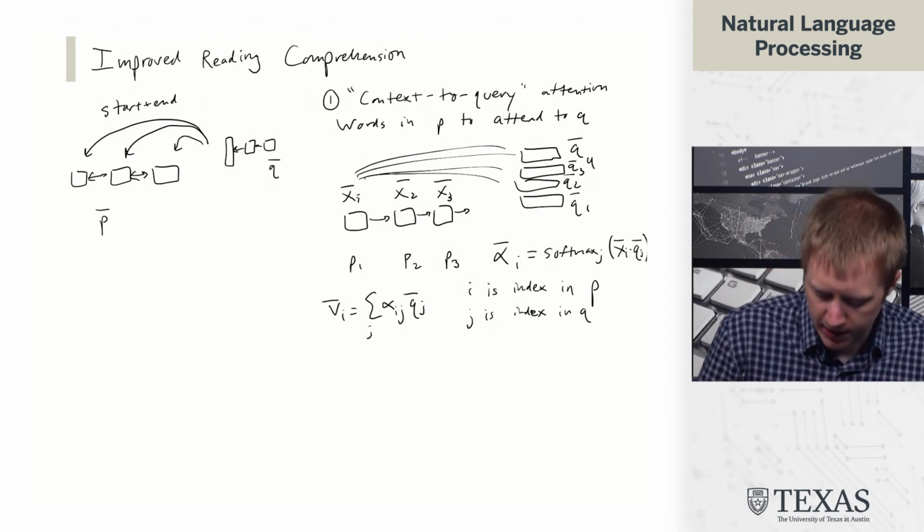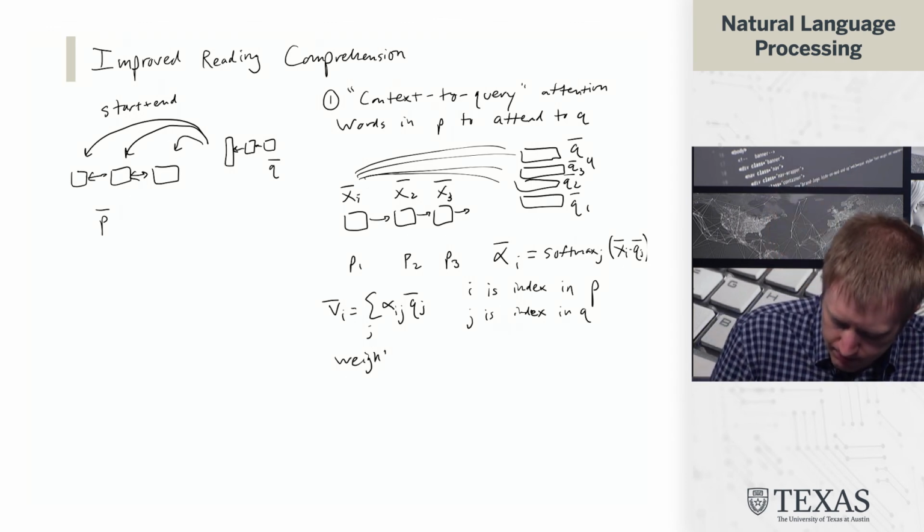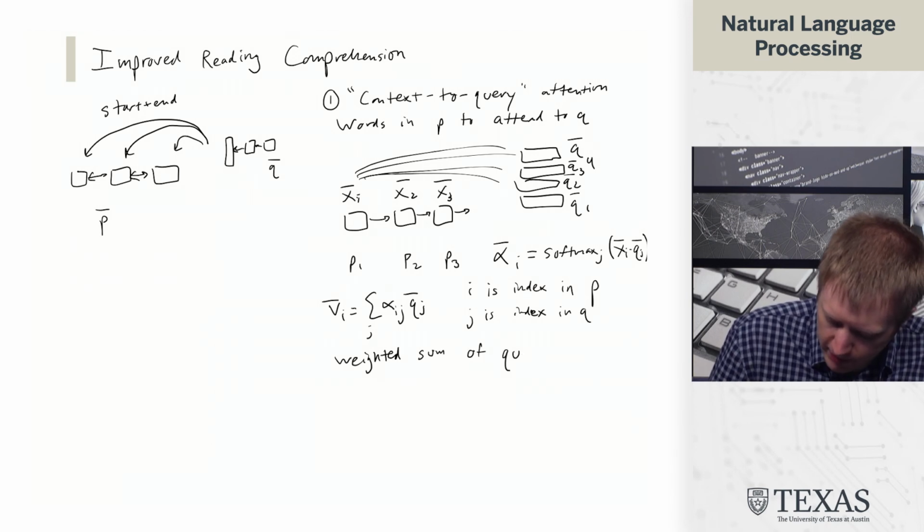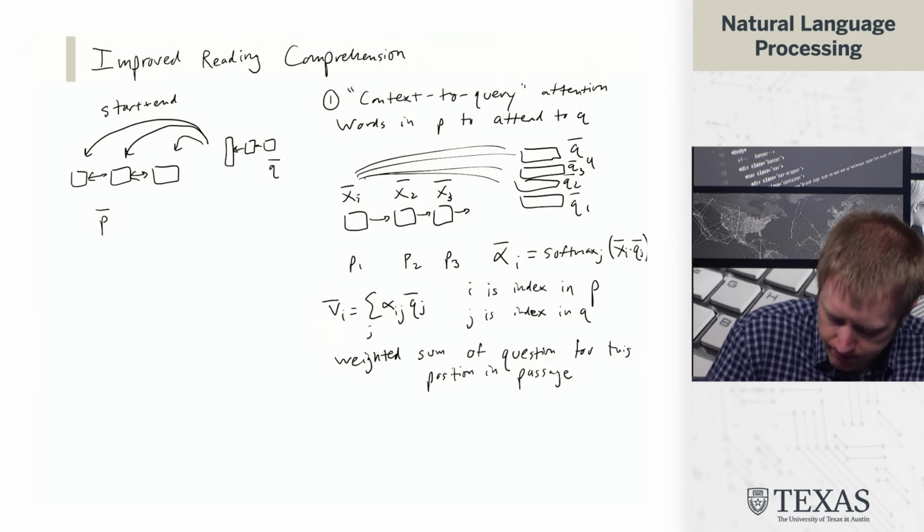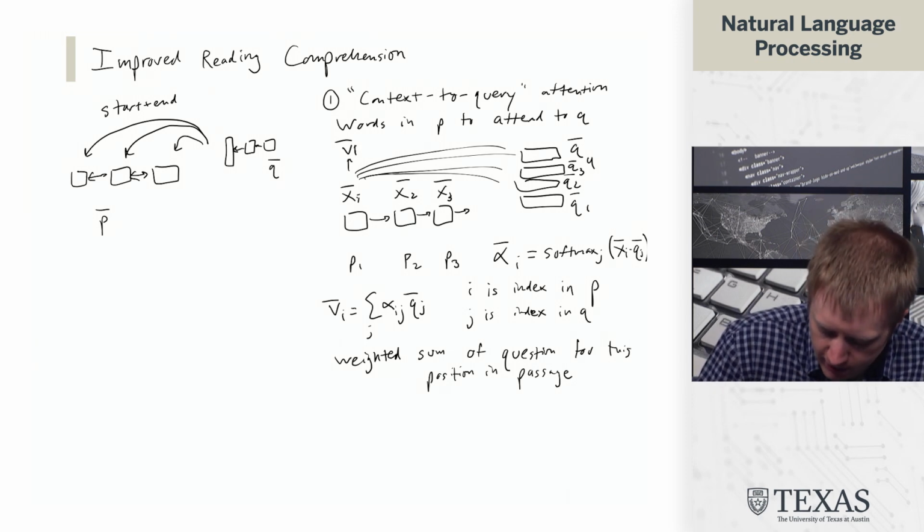So what this is doing is it's a weighted sum of the question for this position in the passage. So that is going to give us a vector up here.